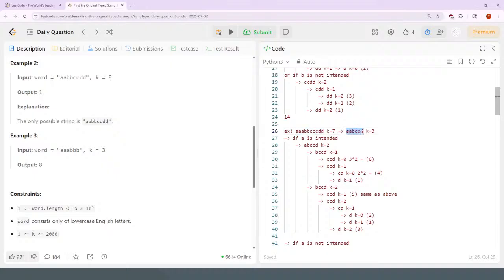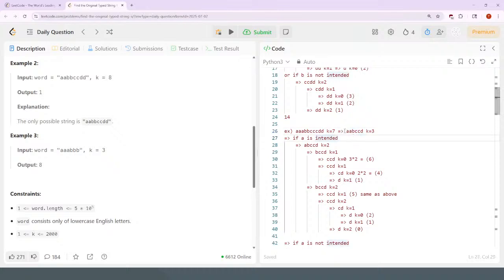Take A, B, C, C, D, case 3. I could say that the next 3 are all intended, and these 3 are not intended.